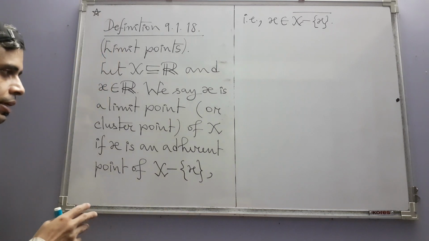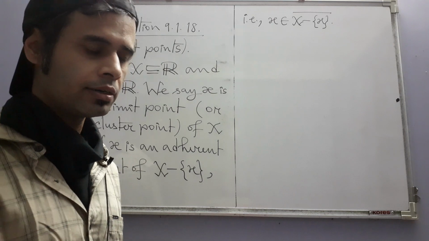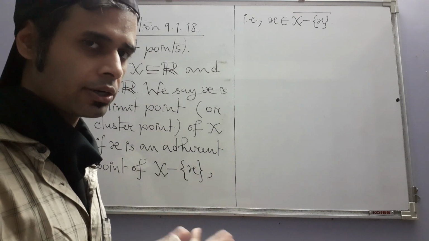That's it. Now if you use the actual definition of an adherent point, then you can rephrase this whole thing using epsilon and all those things.